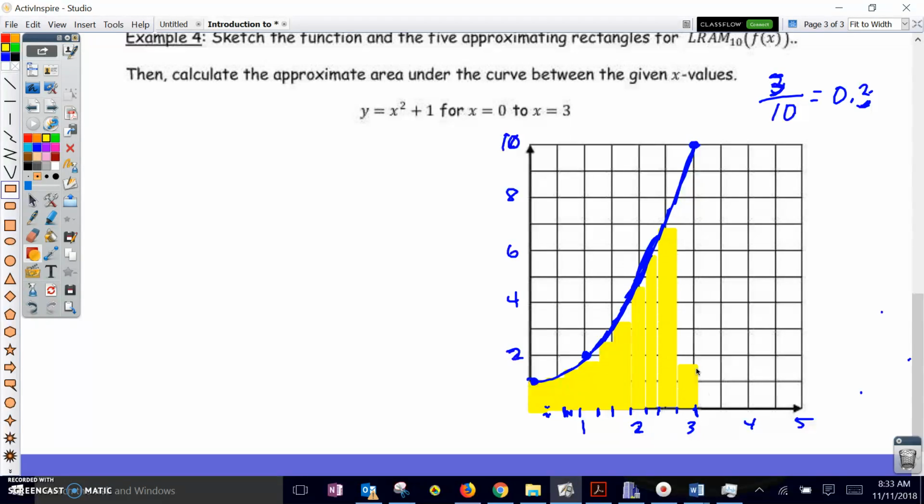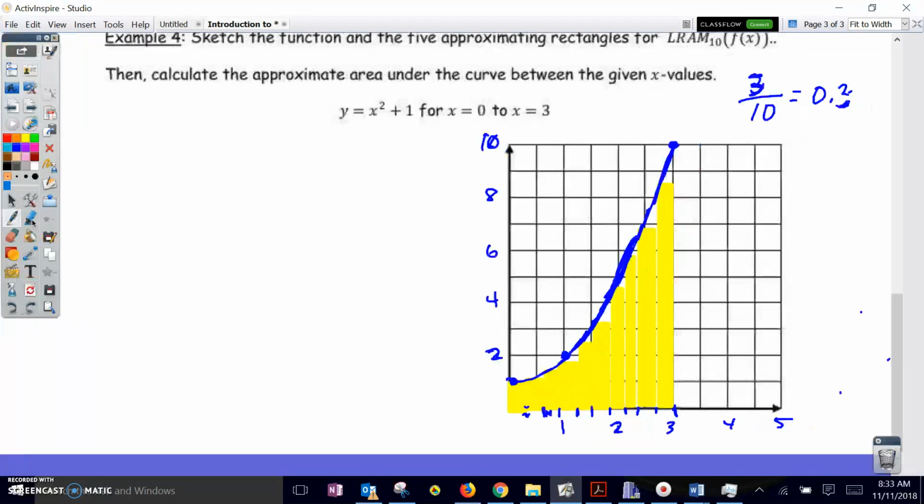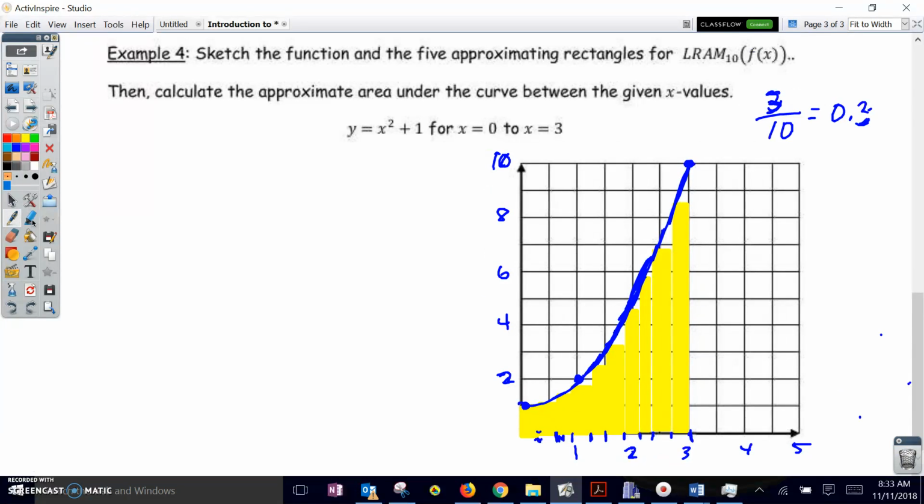And you see with 10 rectangles instead of 5, remember LRAM was under approximating the area, and we have a significant amount less area that's not counted now with more rectangles. Of course, the drawback to this is, while this is going to be more accurate, it's also going to be more work to compute.